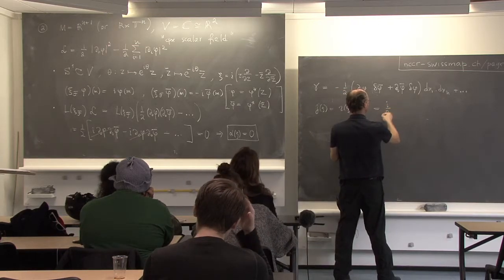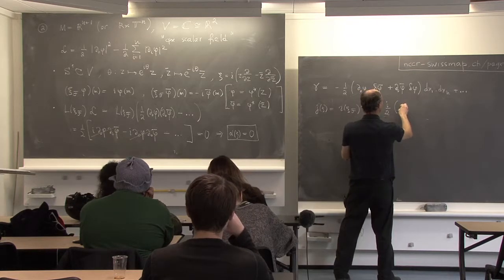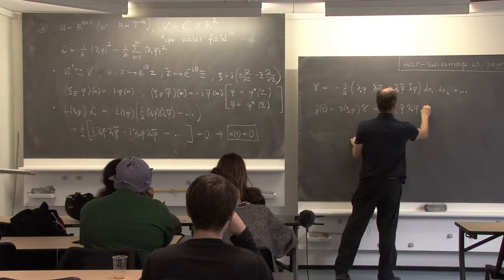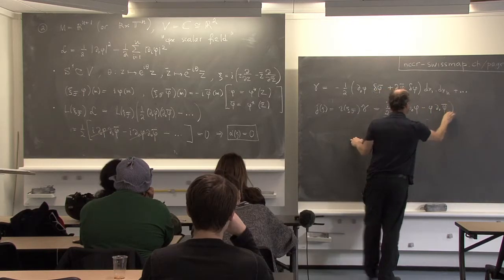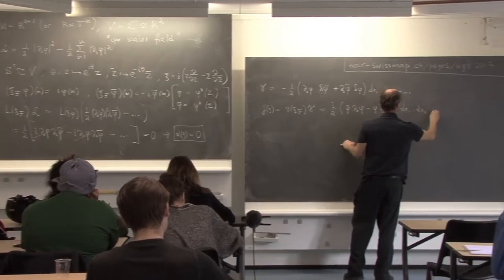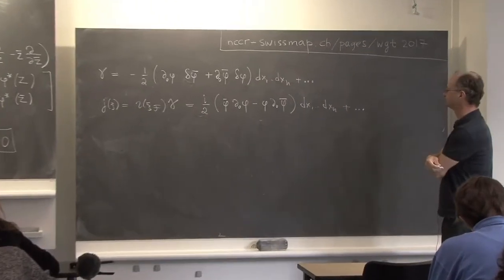So I'm getting 1/2 phi bar d0 phi minus phi d0 phi bar dx1 dxn plus dots.